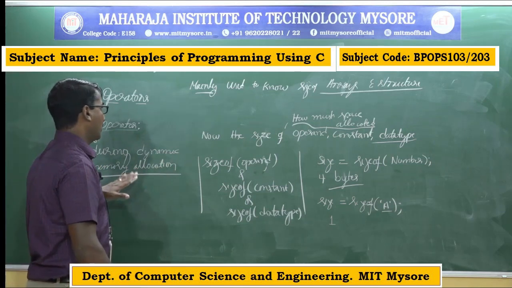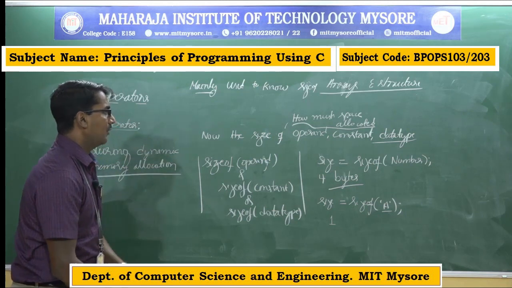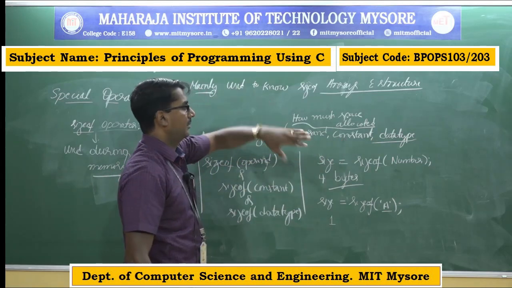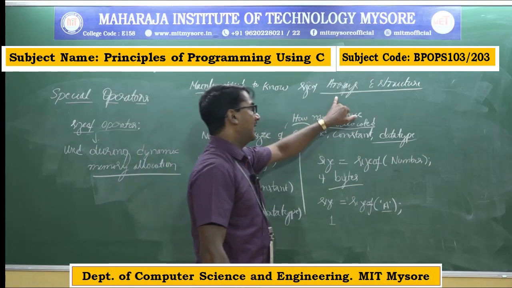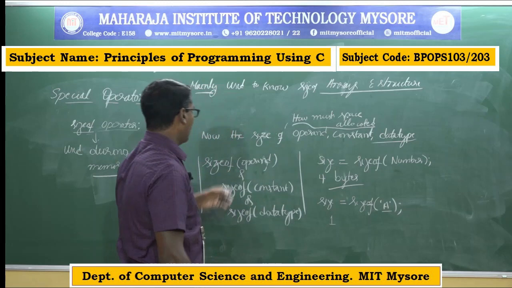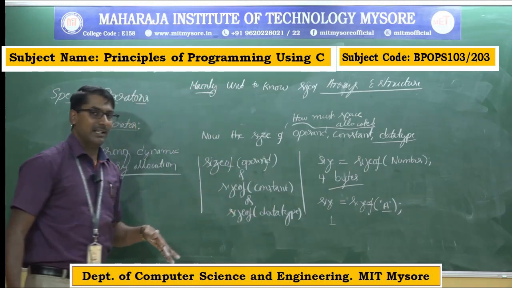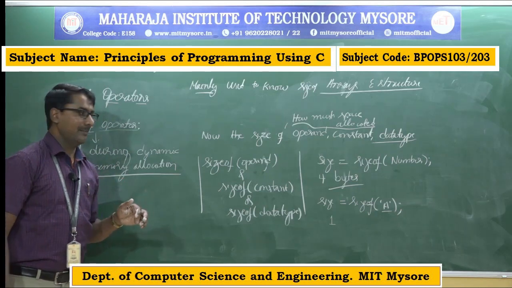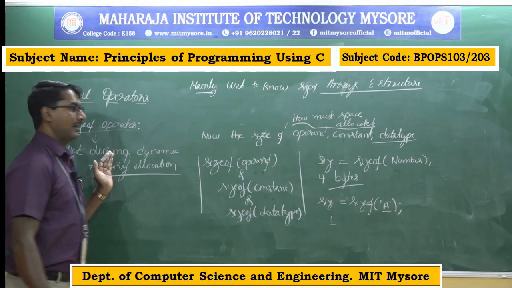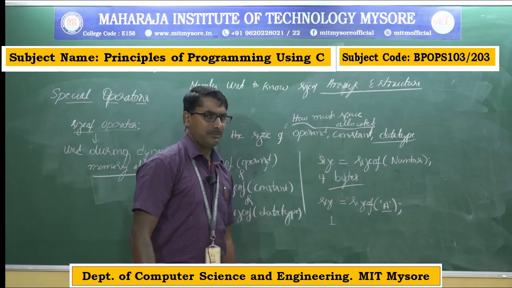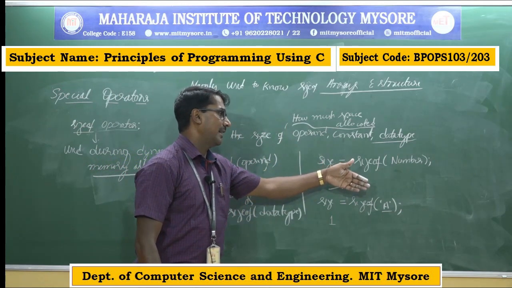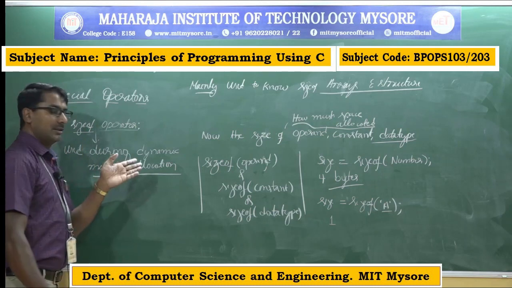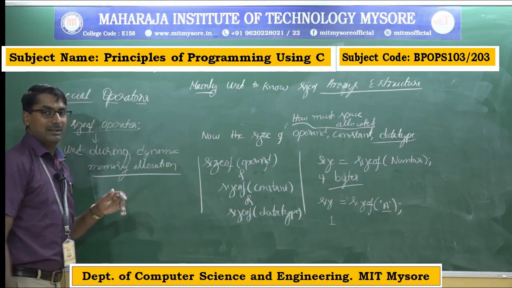So the sizeof operator is used mainly to know the size of the operand, constant, and data type. Here the operand may be a variable, an array variable, or a structure variable. We also use the sizeof operator when allocating memory at runtime, so it acts at both compile time and runtime. If you use it to identify the size of a variable or constant, that is compile time. If you are using the sizeof operator with the malloc function, then it is dynamic.